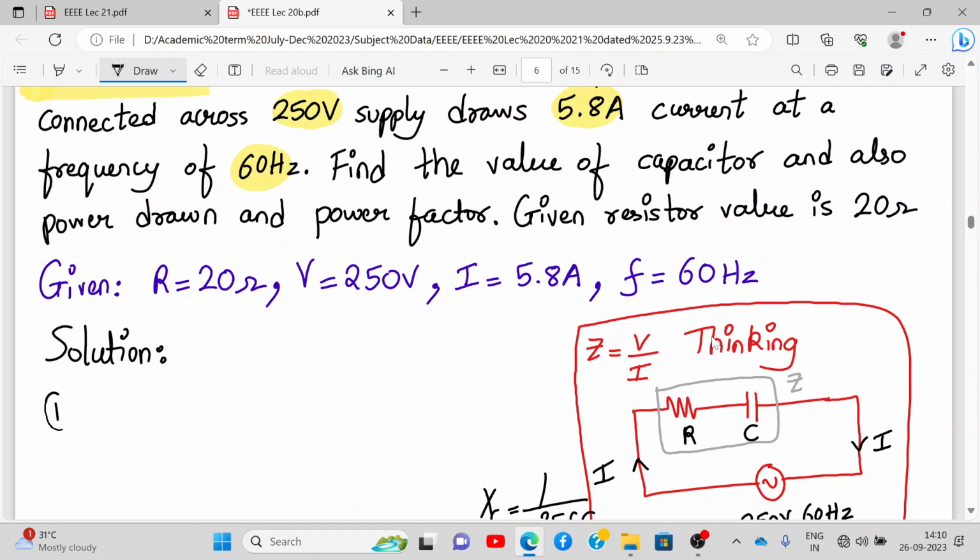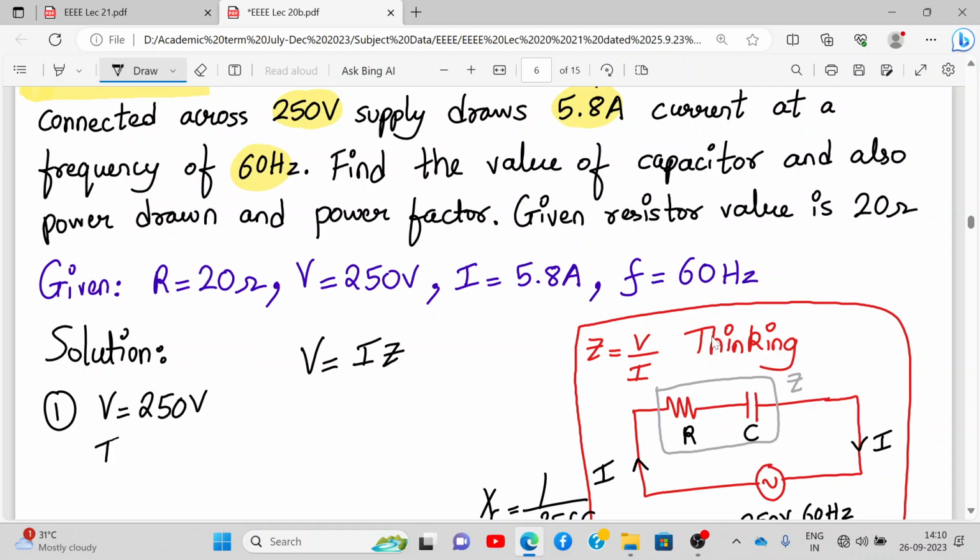So what's the first thing you will find? V is given. VRMS is 250 volt.